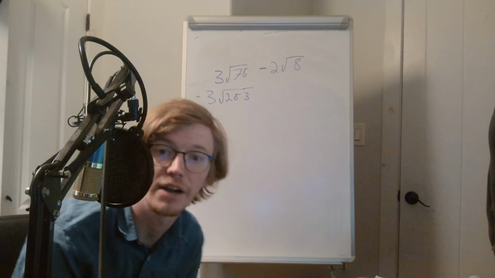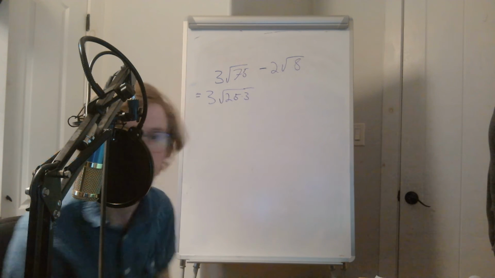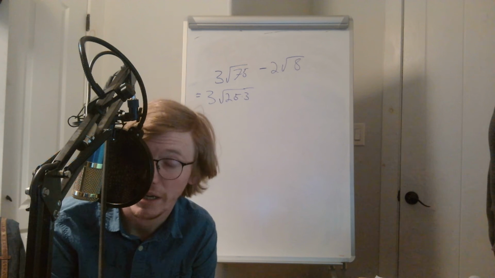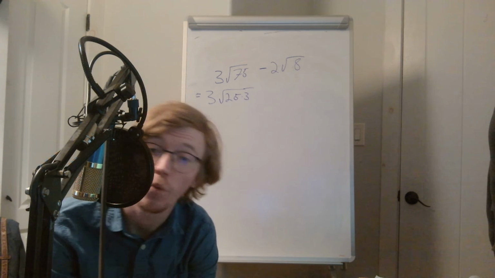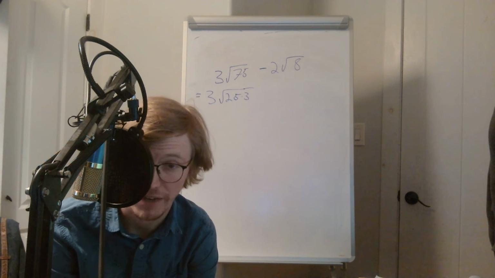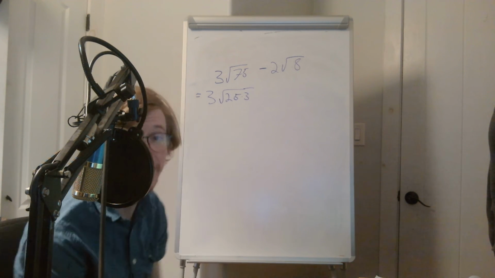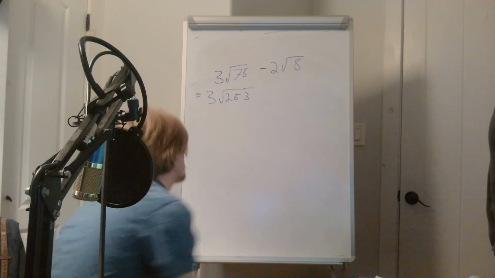So I just broke it down into 3 times the square root of 25 times 3, all that under the square root sign. And 25 is a perfect square. What number multiplied by itself gets you 25? 5 does. So that means you can take the square root of 25, leave 3 under the radical sign.